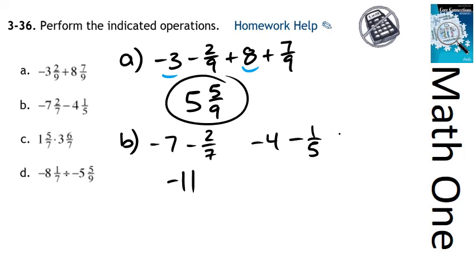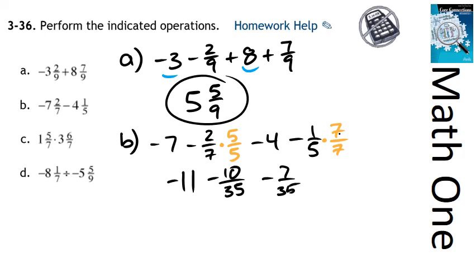If I want these to have the same denominators, I could multiply this fraction by the number 1 in the form of 5/5, and I could multiply the other fraction by the number 1 in the form of 7/7. When I do that, it will turn them both into 35ths, and I could combine those because they would be like terms. So in the first instance, -2/7 times 5/5 would produce -10/35ths. And then -1/5 times 7/7 would produce -7/35ths.